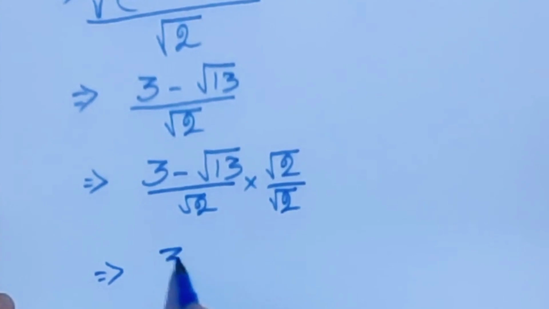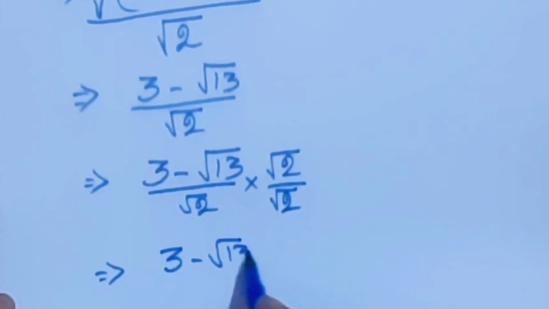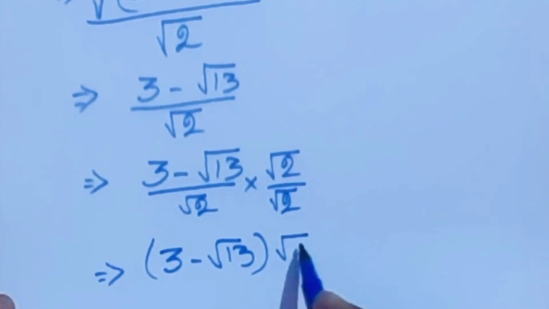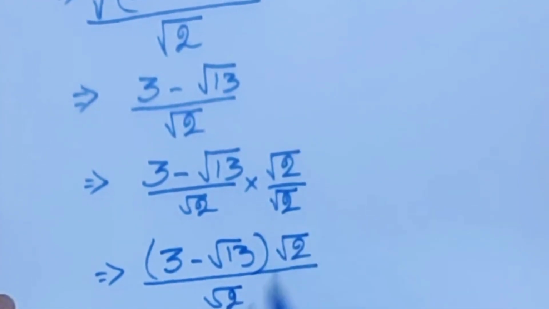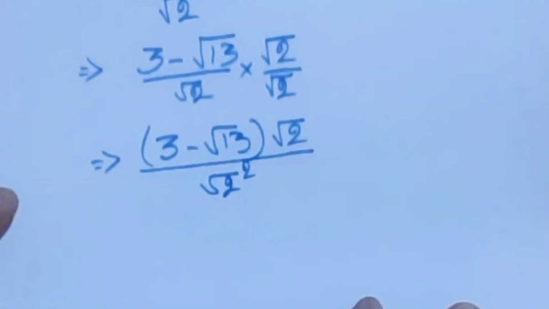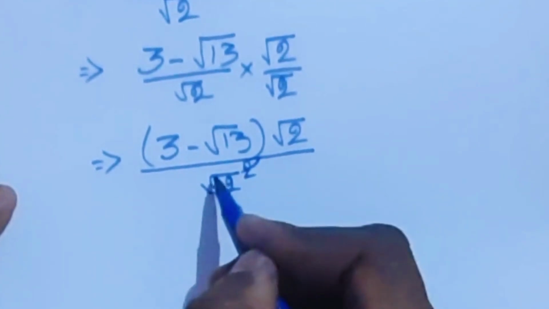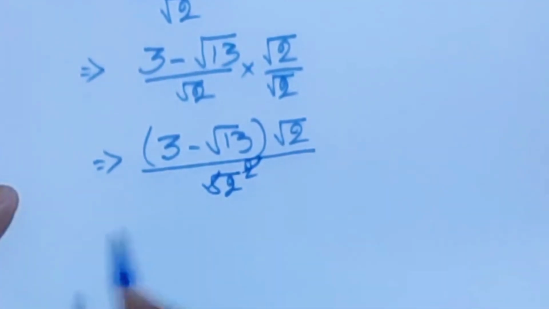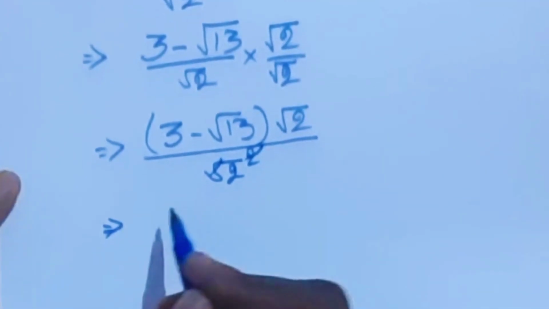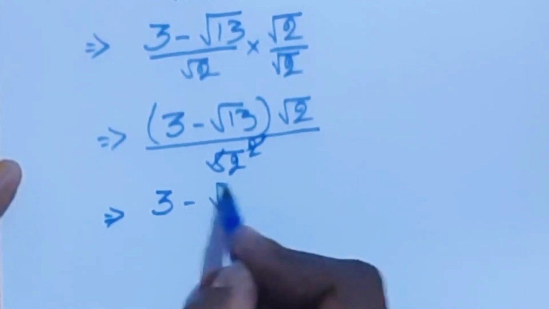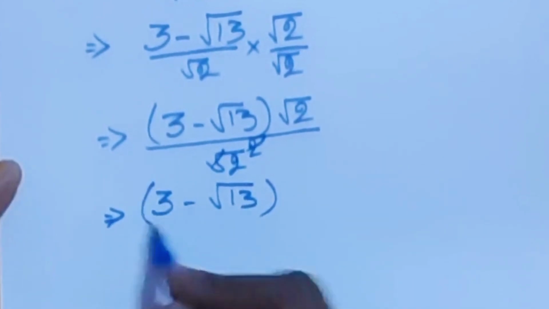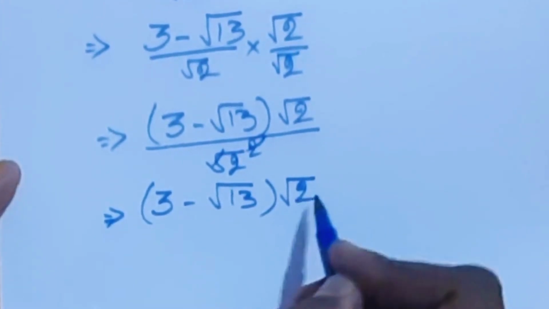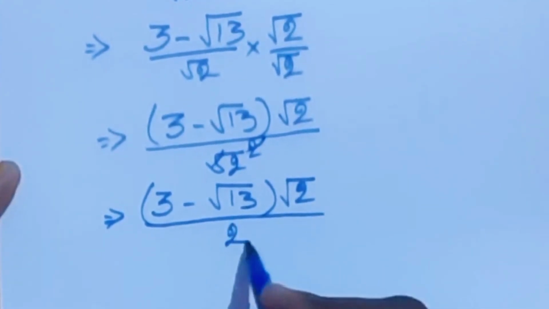So (3 minus square root of 13) times square root of 2, whole divided by square root of 2 square. Now this square and square root will cancel each other. Now we have (3 minus square root of 13) times square root of 2, whole divided by 2.